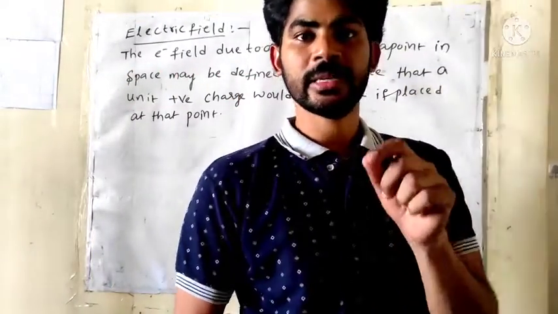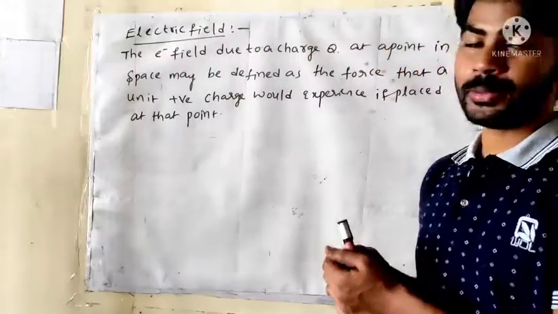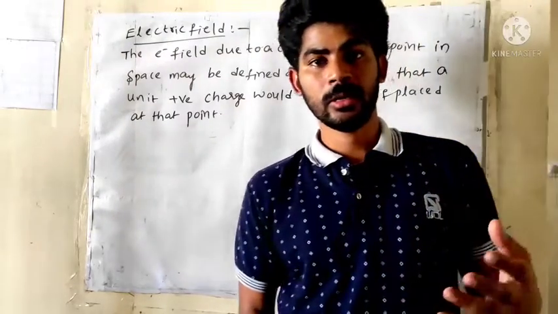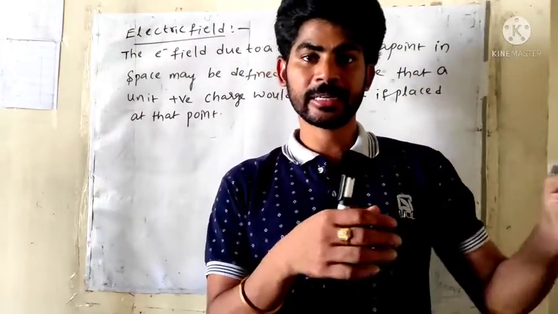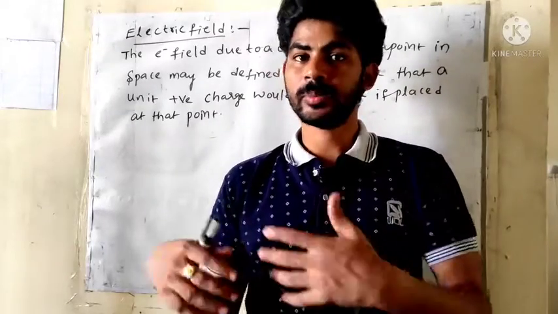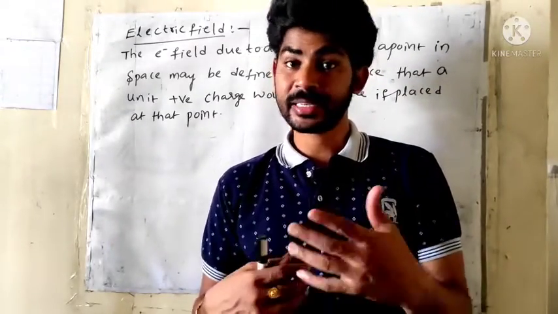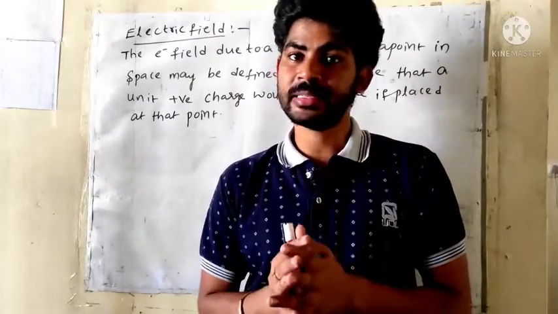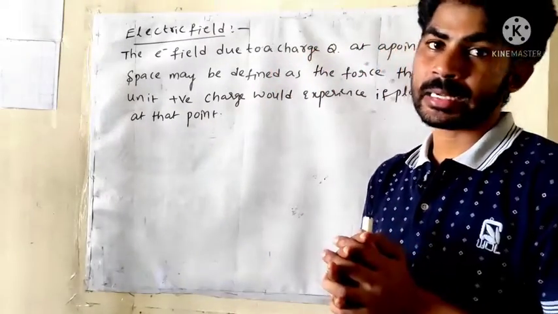When a charge is placed at one point, what happens? Some field is created because that charged particle attracts another charged particle, or repels a same-sign charged particle. So there is some field surrounding it, and that field is the electric field.